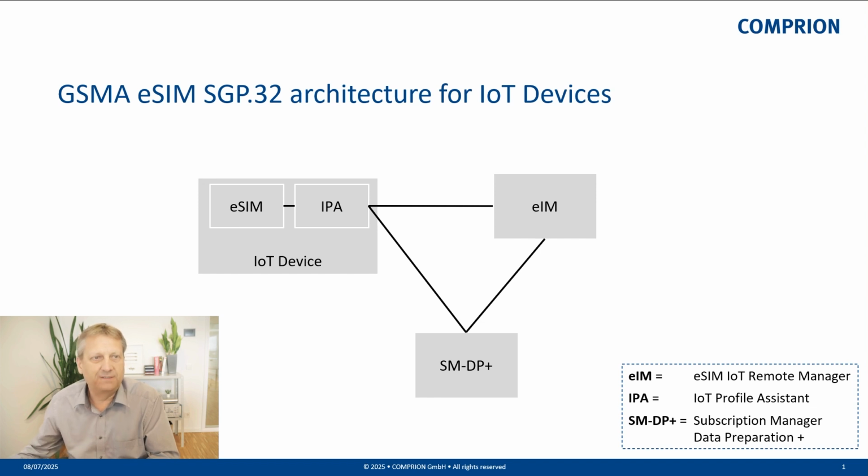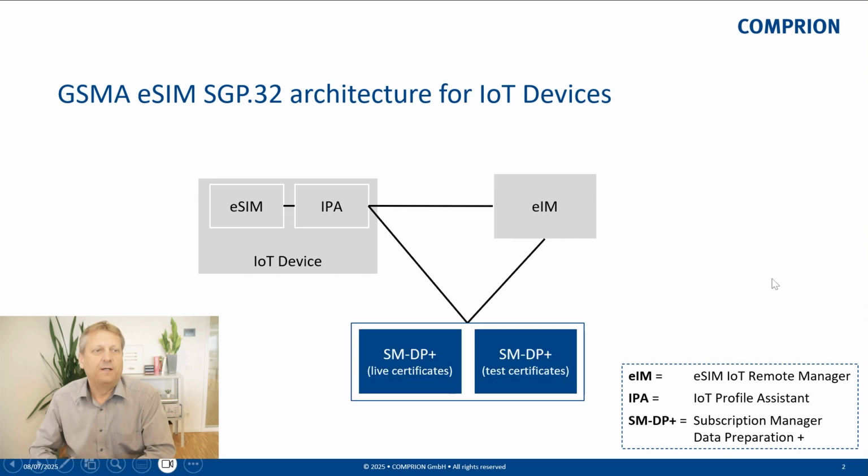So let's look at the different components of such an architecture which can be emulated and can be used in a development environment. So first of all, we can emulate the SM-DP+ component, and we have from our side two flavors of an SM-DP+. We have one which serves profiles in combination with eSIMs with test certificates.